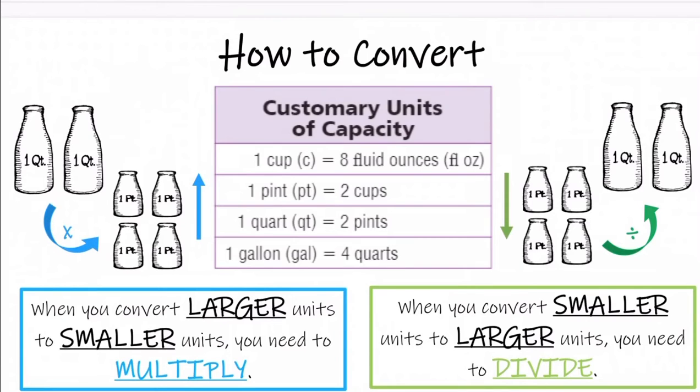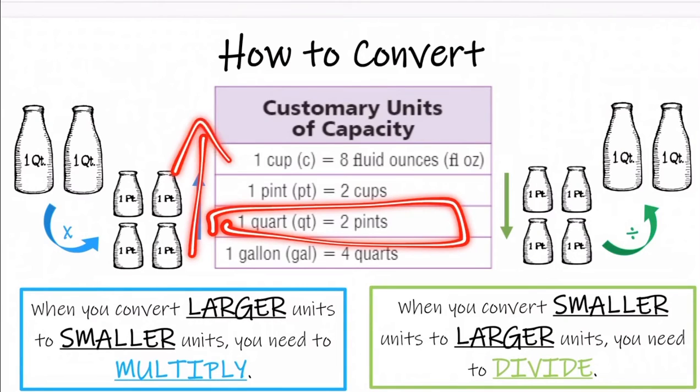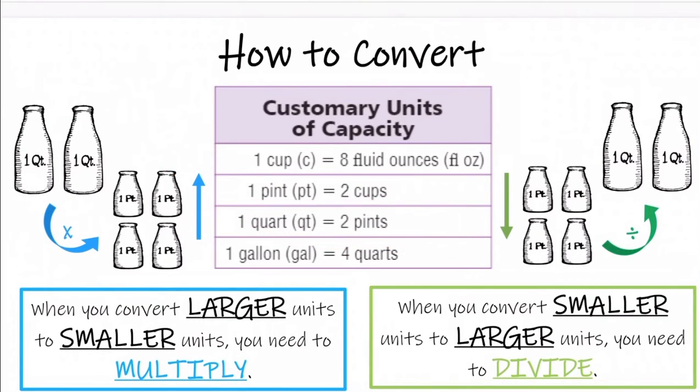We know that there are 2 pints in 1 quart. And there's 2 quarts, so we multiply this by 2 to get 4 pints. Okay, remember we're starting in quarts right here, and we're going up. So we have to multiply. We're going to a smaller unit.